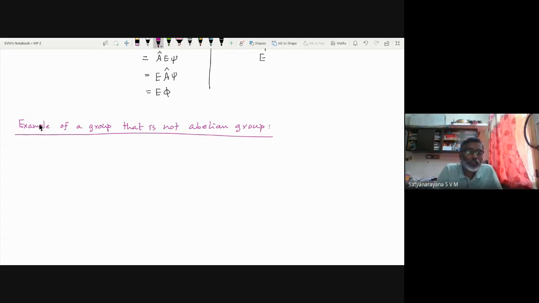Okay. So let us consider G to be the set of non-singular 2x2 matrices, matrices with real elements.